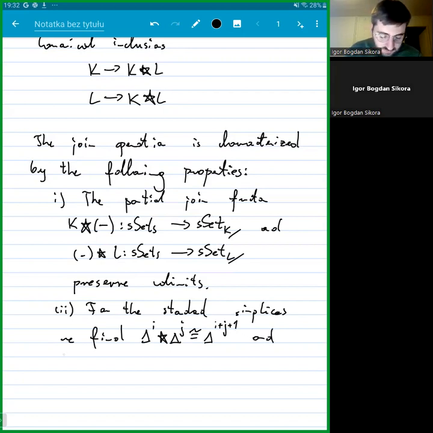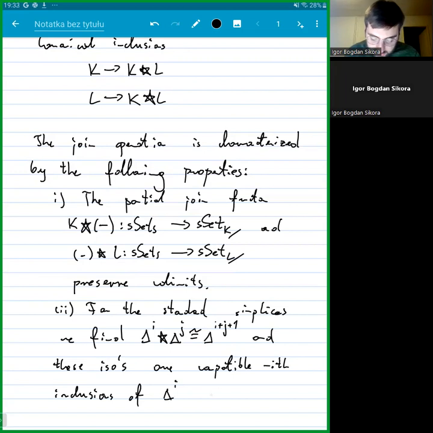And these isomorphisms are compatible with inclusions of delta i and delta j.